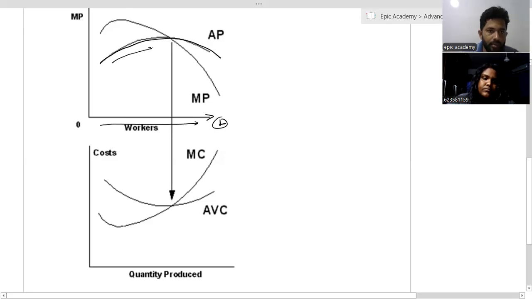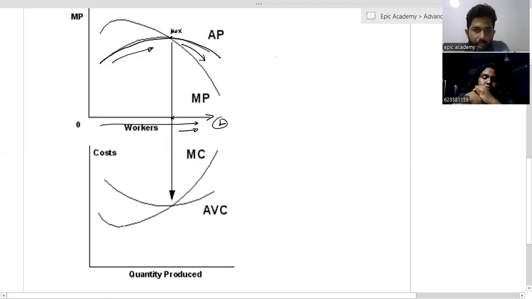It increases. Yes, it increases and reaches the maximum point. After reaching the maximum point of the average production, if you increase the labor again and again, what will happen to the average production? It reduces.